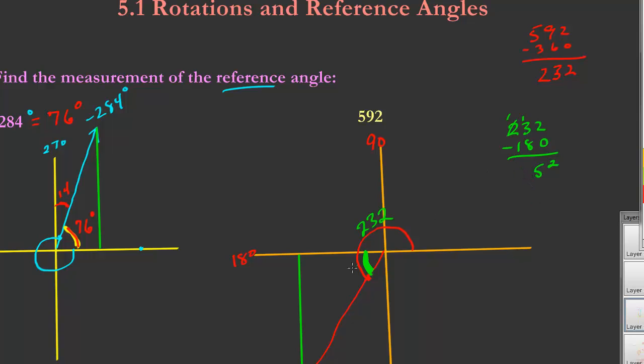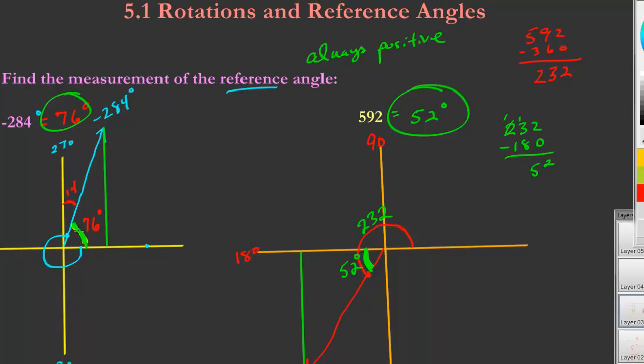So this angle right here would be 52 degrees. The reference angle, therefore, would be 52 degrees. And let's remember, reference angles are always positive. Your final answer should always be positive, because it's always that angle right here.